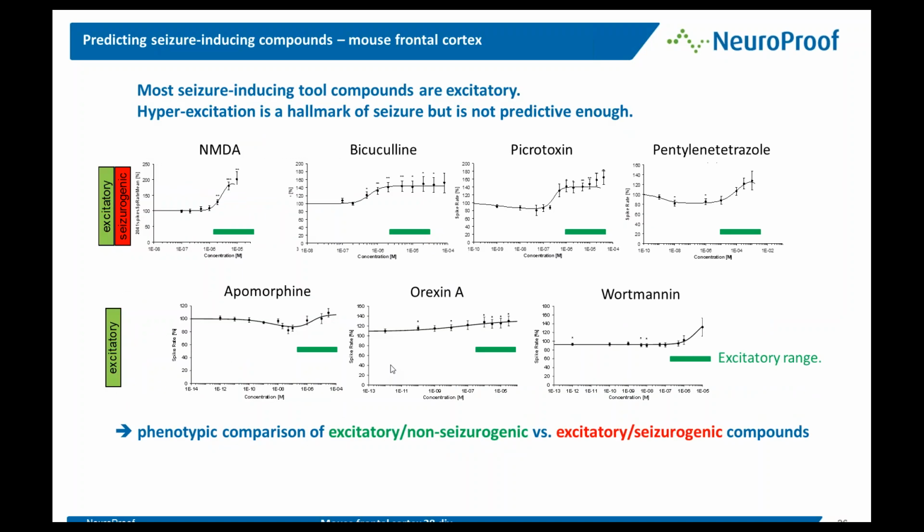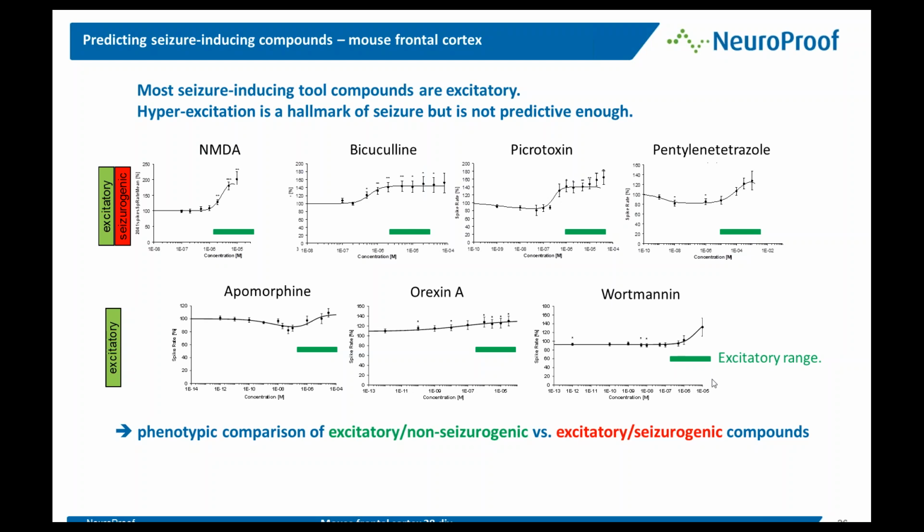What you see here is a selection of compounds we used to calibrate the system for predicting seizures in vitro. The top row is a selection of known seizure-inducing agents. They are all excitatory. You see the spike rate as a readout, and the bottom part is 3 compounds which are also excitatory but not seizurogenic.